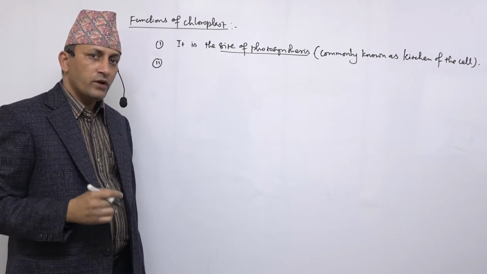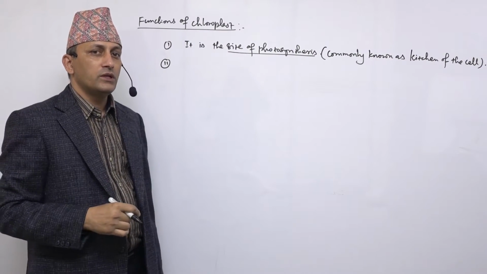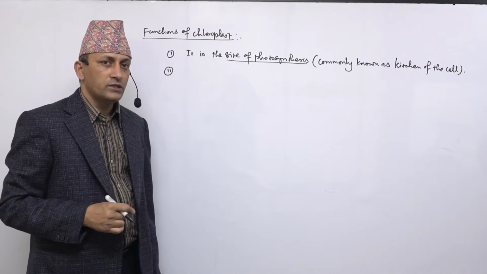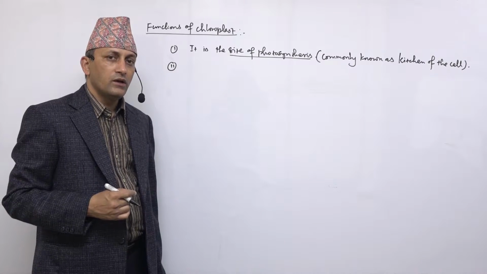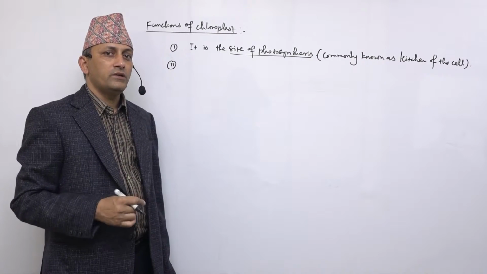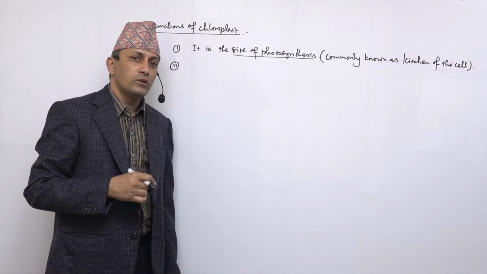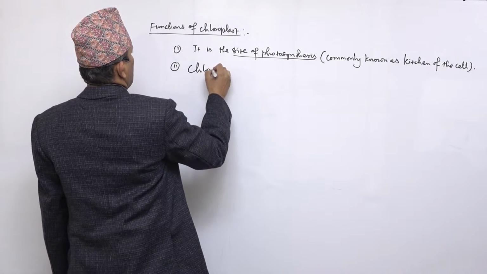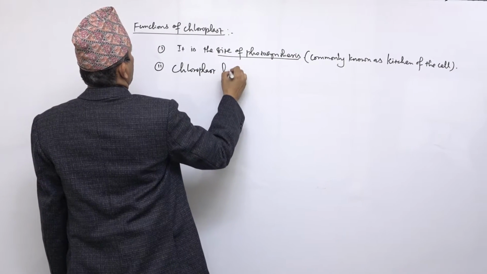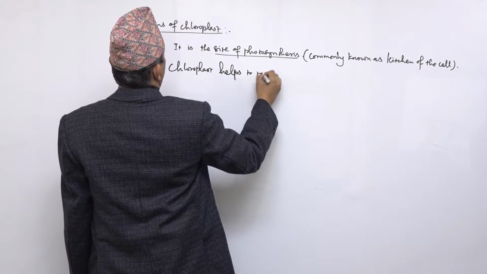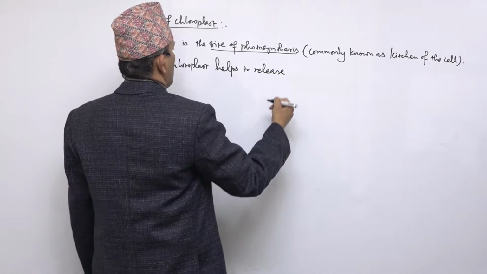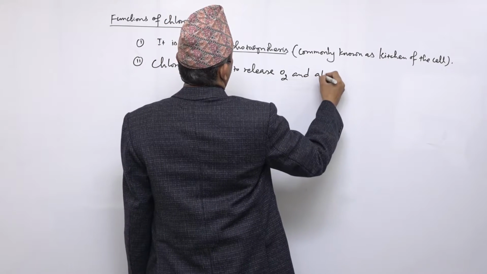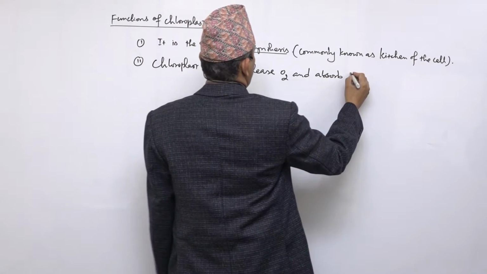Chloroplast is the structure where photosynthesis occurs, and because of photosynthesis, we get oxygen. By the process of photosynthesis, the plant releases oxygen, which is the most vital gas for the survival of all living beings. So chloroplast helps to release oxygen and absorb carbon dioxide.